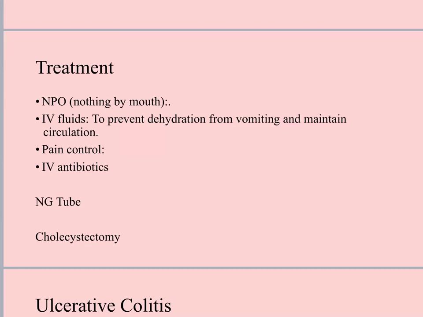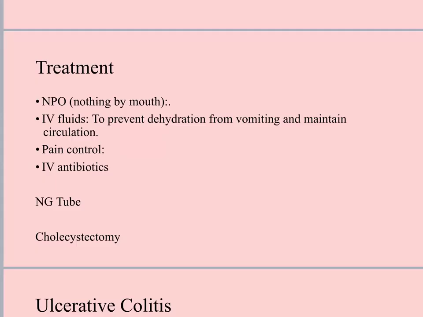After they recover, people can definitely live without a gallbladder because the bile will just flow directly from the liver to the intestine. But some people find after their cholecystectomy that they don't tolerate fatty foods as well.